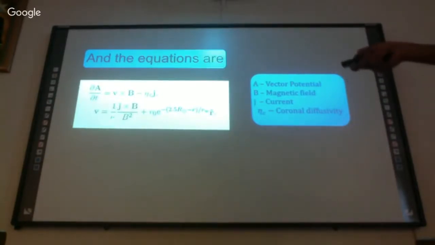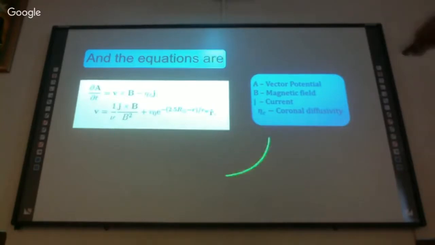So this has to be fixed carefully. And this B square term is there so that in areas of even very low magnetic fields, you still have substantial magnetic frictional velocities. And this is another additional term which is put in by hand to replicate the solar wind. There is a wind that flows out of the sun near the upper regions of the corona. This has been put in by hand artificially to model that.